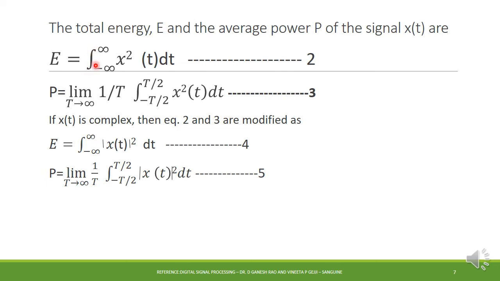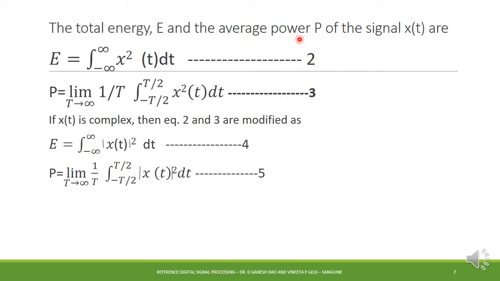Whenever you are finding a summation, you should take the integration sign. So total energy is the integral from minus infinity to plus infinity of x square of t dt. This is your equation number 2.